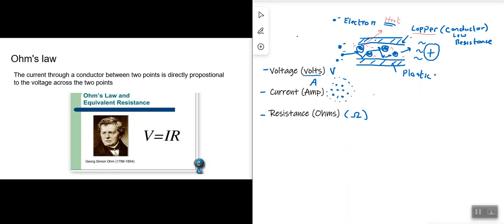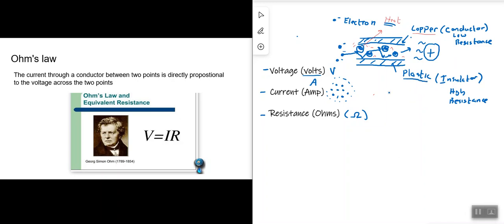If you think about plastic, plastic is what's called an insulator, and it has high resistance. So that means that it resists the electrons moving through the wire.